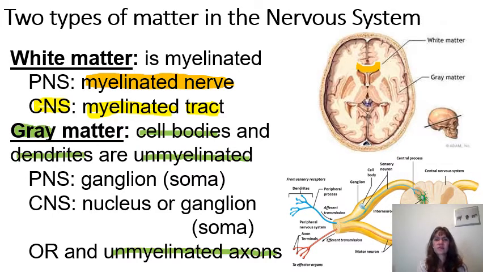In the central nervous system, collections of gray matter, which appears brown in this picture, make up structures called a nucleus, nuclei being plural, or a ganglion, ganglia being plural.